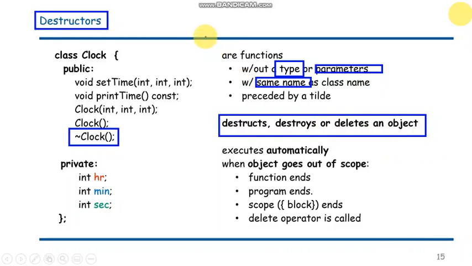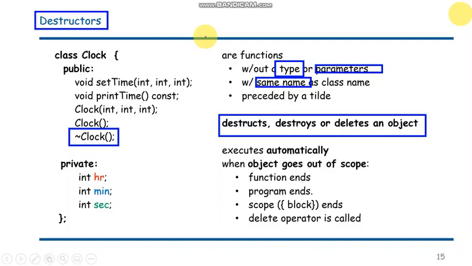Remember, an object occupies space. So when we are done with the object, it makes sense that we have to give it back to the operating system so that other processes can use that memory space. In other words, sharing is caring. So when I'm done with the object, I have to give it back.